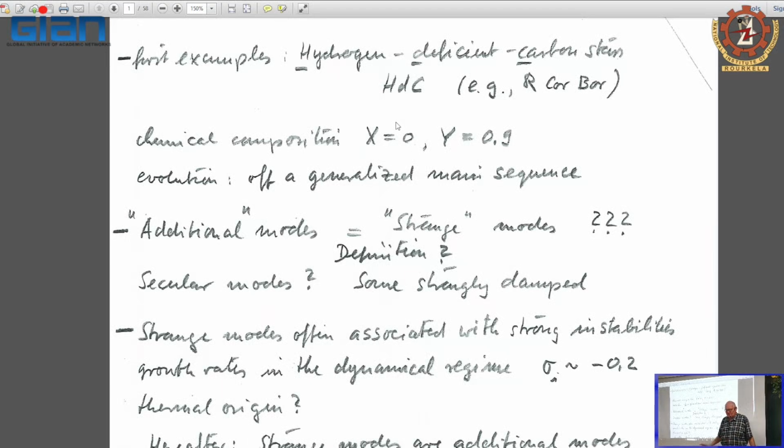Sometimes people have tried to define it in terms of physical classifications. This has failed. Some people have said the strange modes are secular modes, that means they are thermal modes. But some of them are also strongly damped. But here we have the example that these strange modes, these additional modes, are actually excited or unstable.